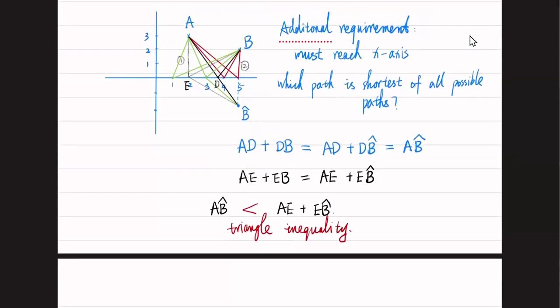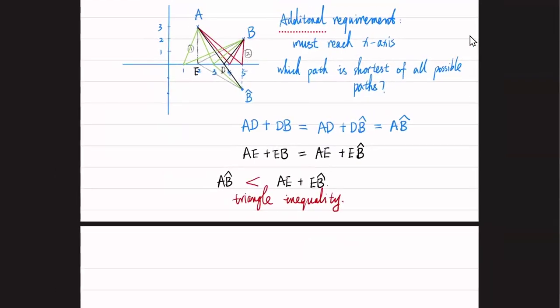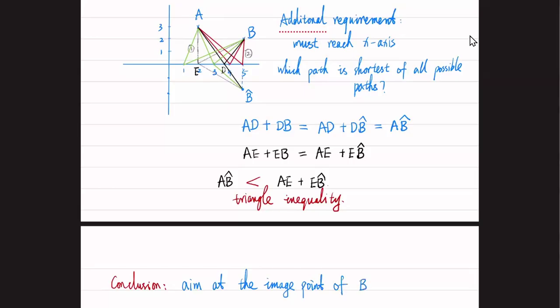So the conclusion is, if we want to find the shortest path with a stop on this x-axis, we need to find the image point about this, and we connect the two points with the segment. This gives us the shortest path.